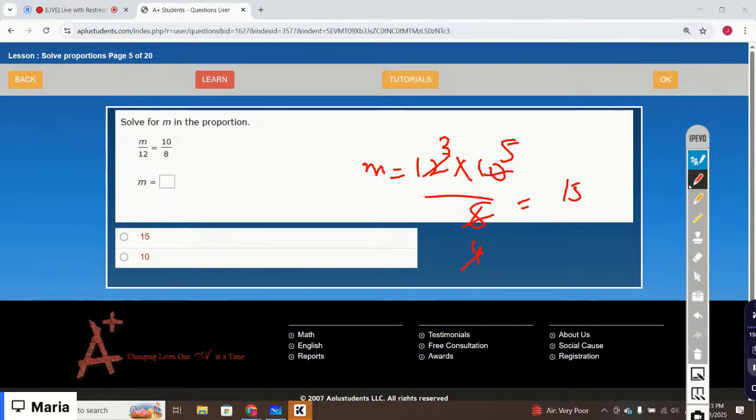So 5 times 3 is 15. The correct option is 15. Option number 1 is the correct option. 15 it is.